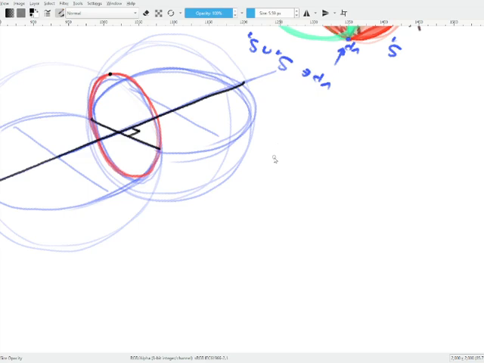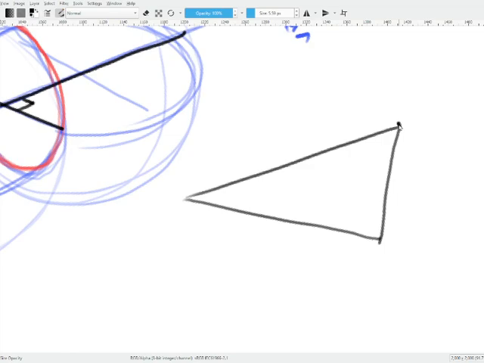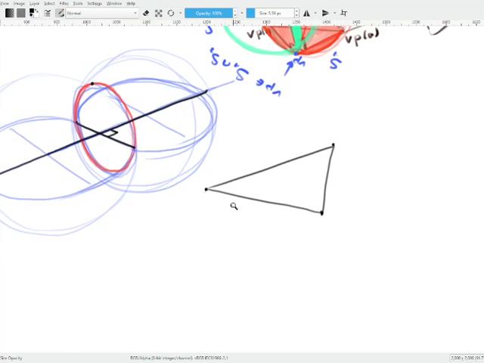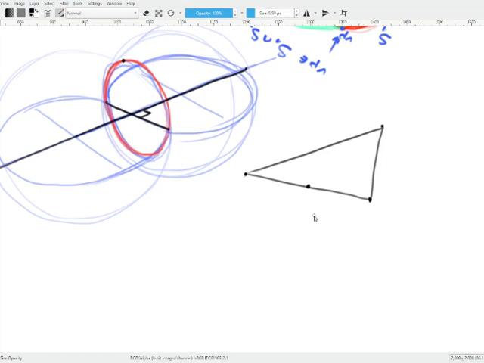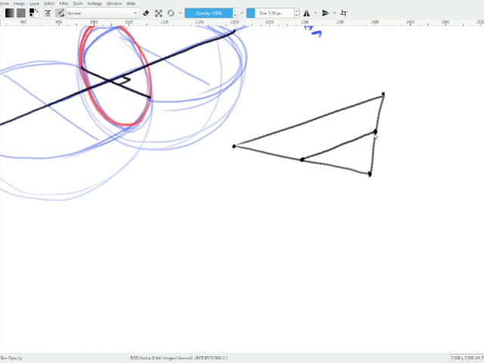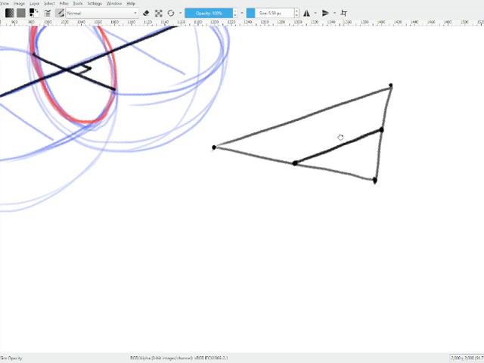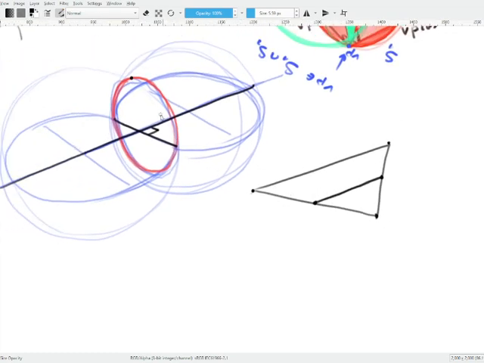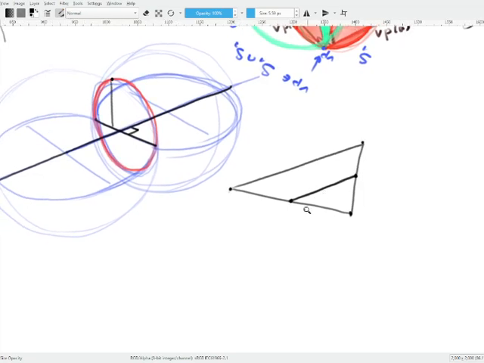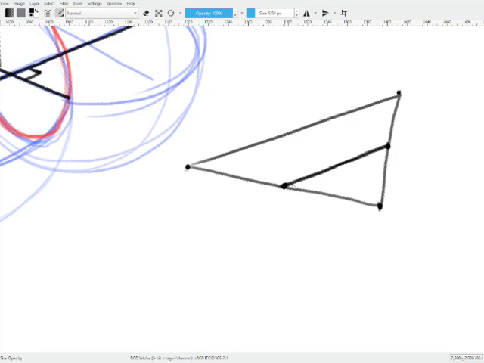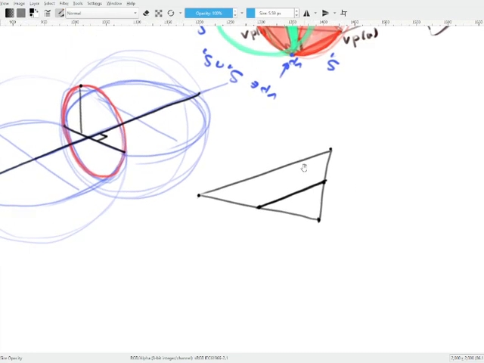So, if we have some triangle, again, as a base for our vanishing points, and we consider the center of sphere 1 and the center of sphere 2, and we connect these points, we know that this point should be projected somewhere on the orthogonal to this line.